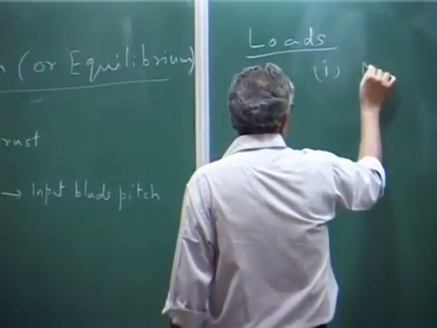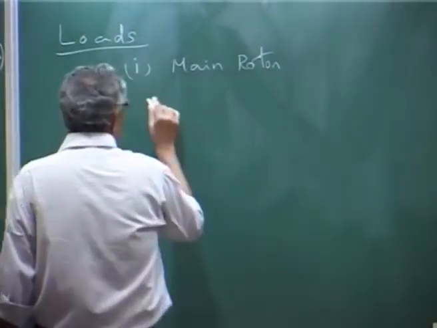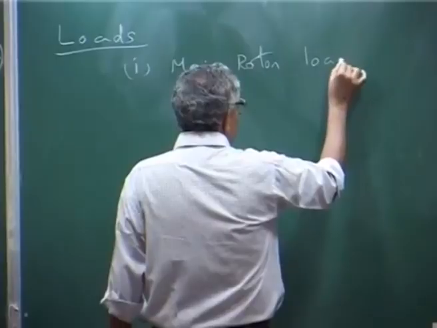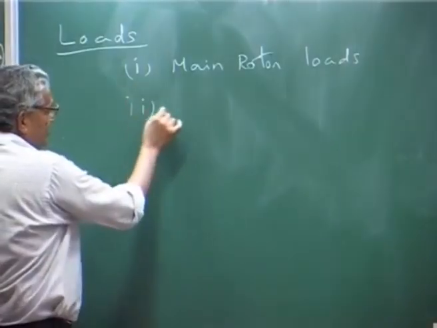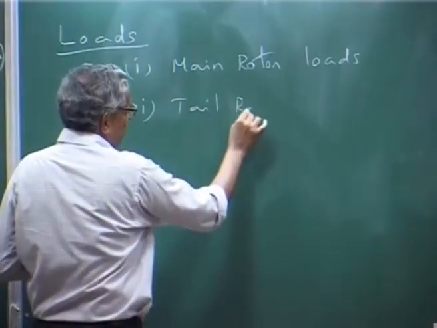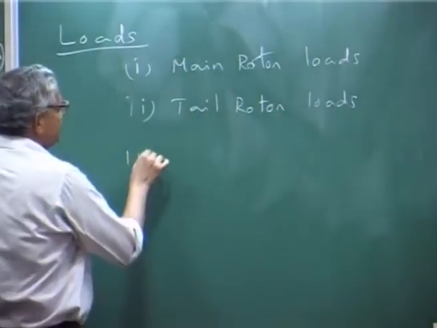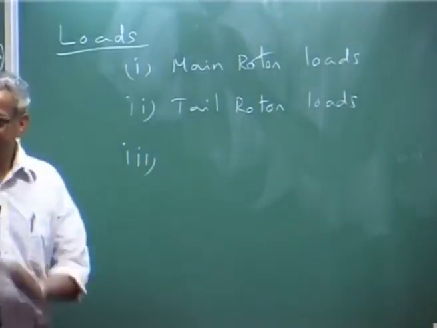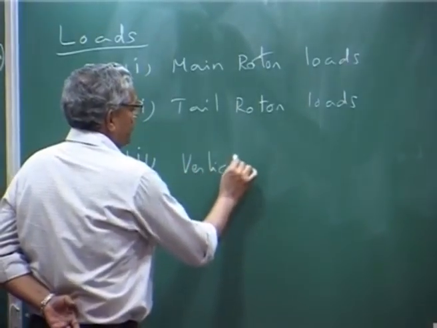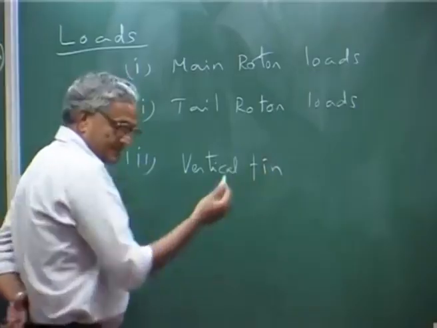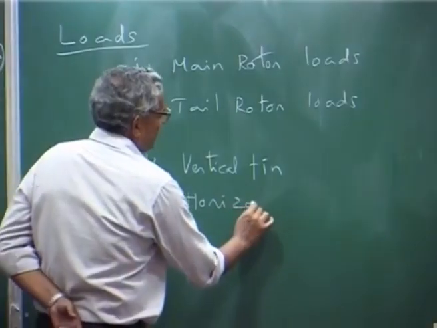One is of course main rotor loads, that means all the 6 components, and then you have tail rotor, and third one is if you have any vertical fin, that load, and then horizontal surface, these are all fixed.